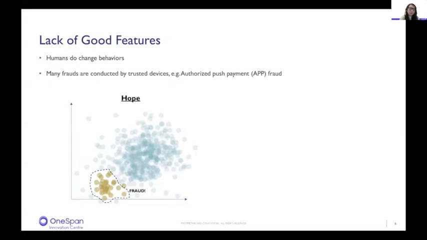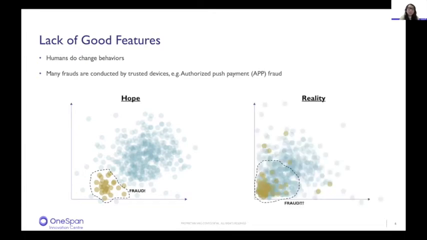Before we looked into the dataset, we hoped that we could have some nicely engineered features to separate the 2 classes so that we could find a clear decision boundary. However, the reality is we found that the 2 classes are heavily overlapped, for good reasons. First of all, humans do change behaviors. And more importantly, many frauds are conducted by a trusted device, for example, APP fraud.